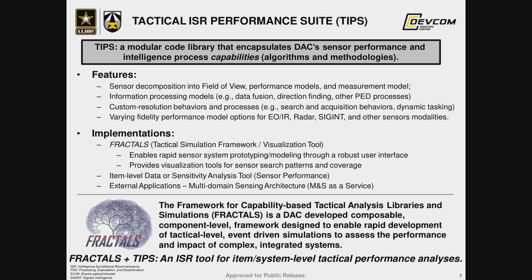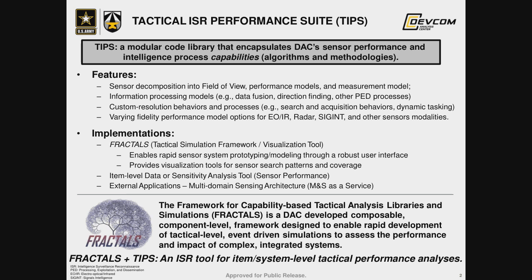And then a measurement model: once you have a detection, what is that detection or acquisition telling you about the object that you're detecting? For the most part, that's where something is located, whether that's some Cartesian coordinate, or you're only getting range from where you are, or an azimuth angle or an elevation angle, things like that.